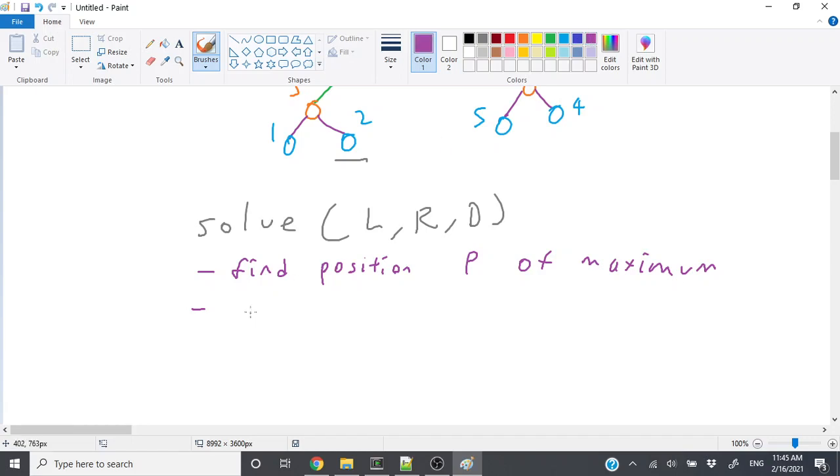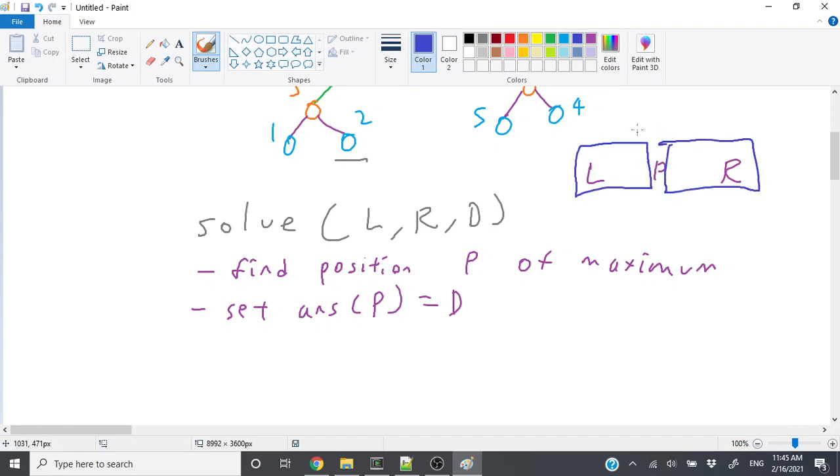Then the answer at this position is going to be the current depth we're at, because that's going to be the node we create. And then now we split, like say we have L, R, and then P. So now we split this up into 2 ranges, as the problem says, from everything excluding P on the left and everything on the right.